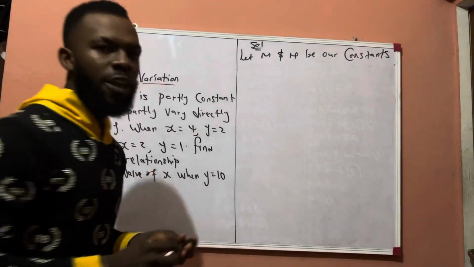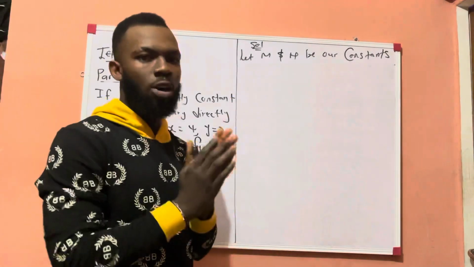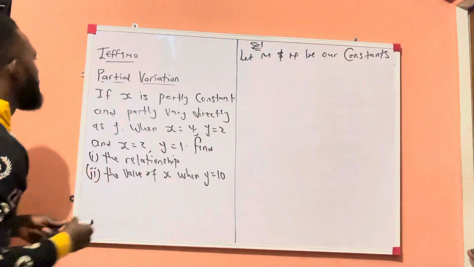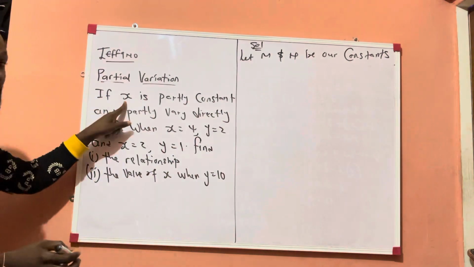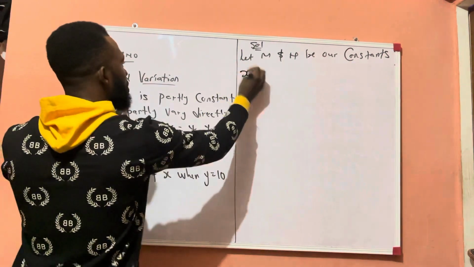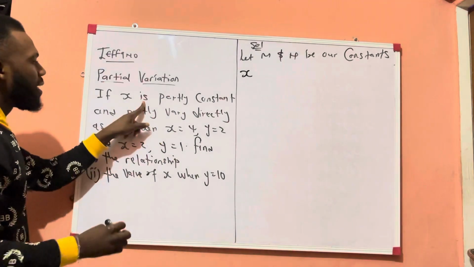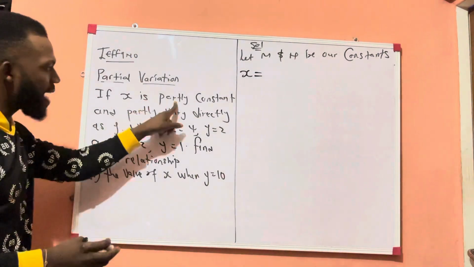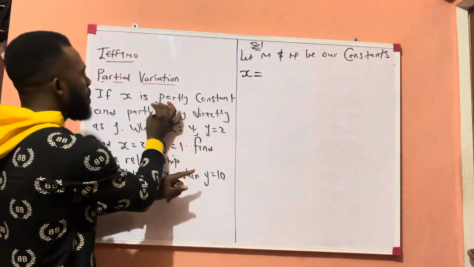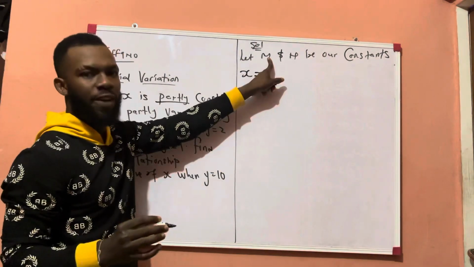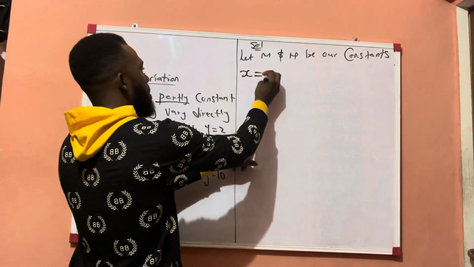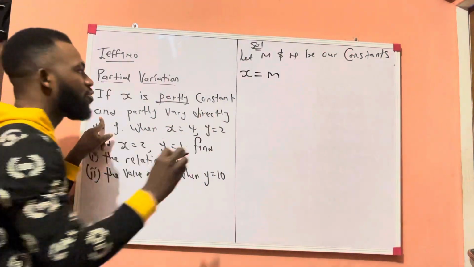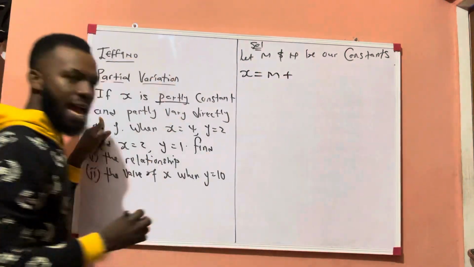Okay, now if we are using m and n as constants, this is what we do. Just follow me as I read it again. It says, if x, this is my x, is, and the word "is" is represented by an equality sign, partly. When you see partly, you introduce the first constant, which is m, is partly constant, and is represented by a plus sign.